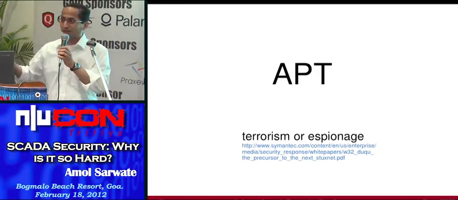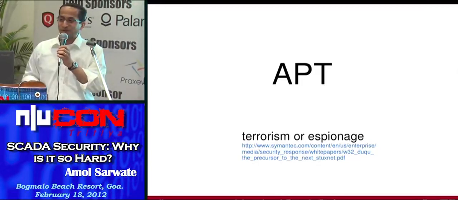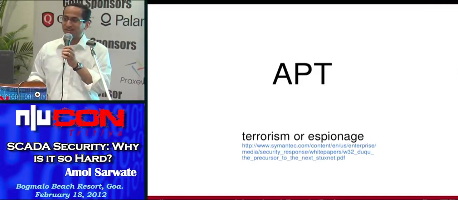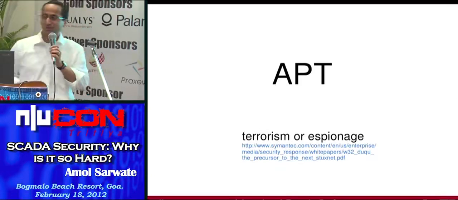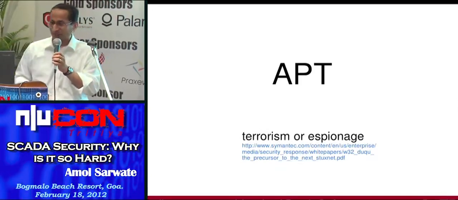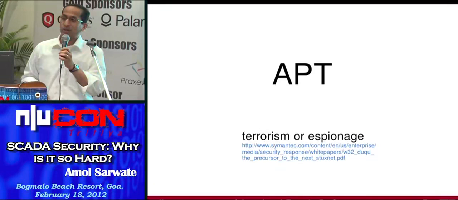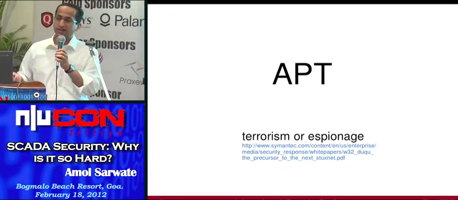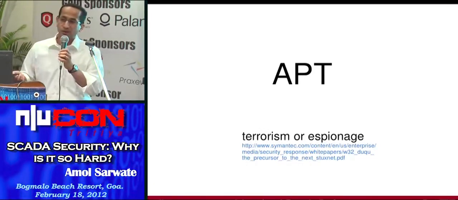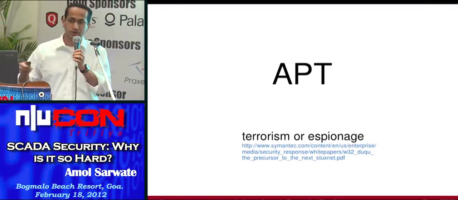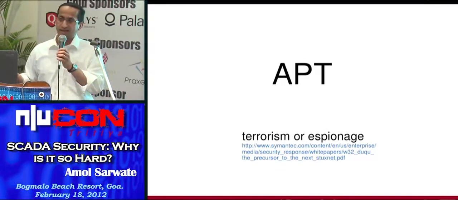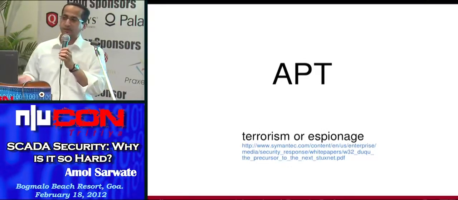And who can tell me what's the number one example of an advanced persistent threat in SCADA? Stuxnet. Great. Nice to hear that response. So Stuxnet, as most of you may know, was a virus targeted to exploit Siemens PLCs, and not just any Siemens PLCs, but some which were used in nuclear power plants, and not any nuclear power plant, but very specific nuclear power plants.